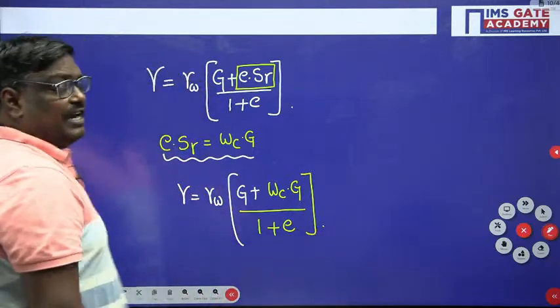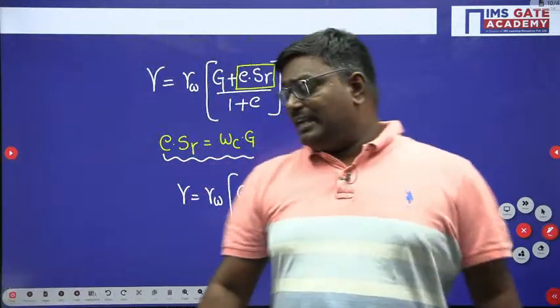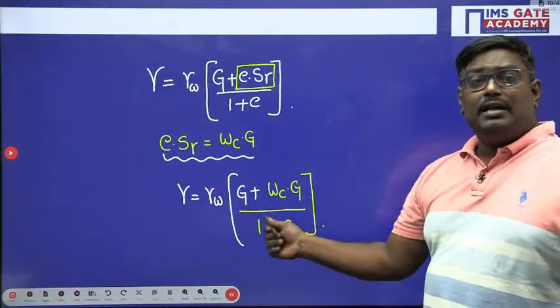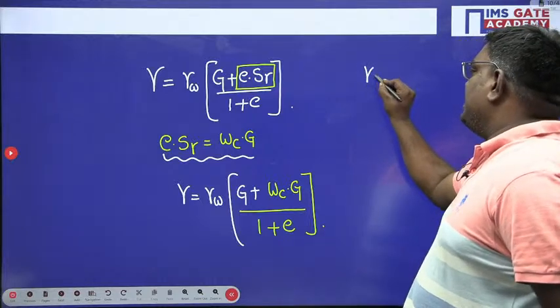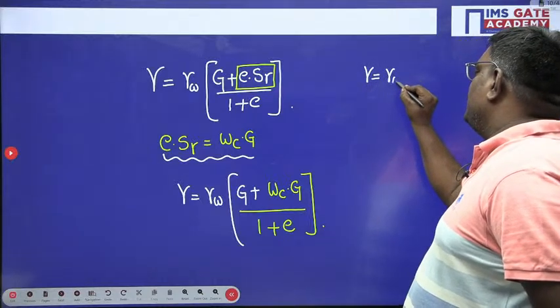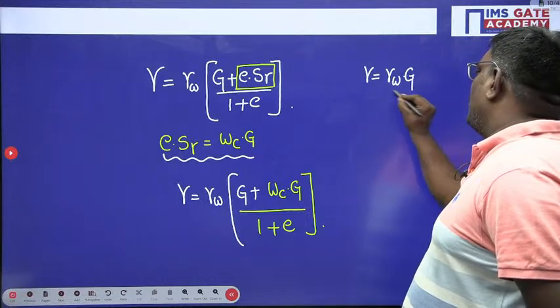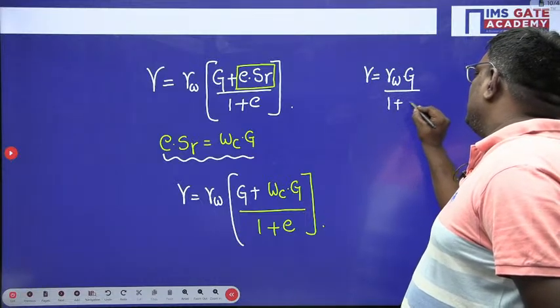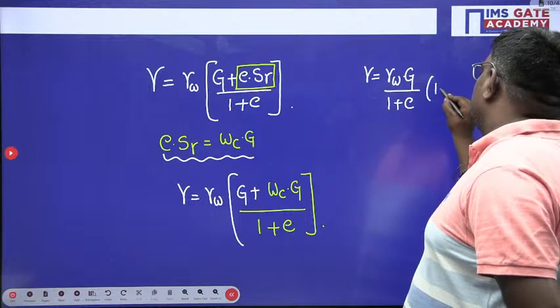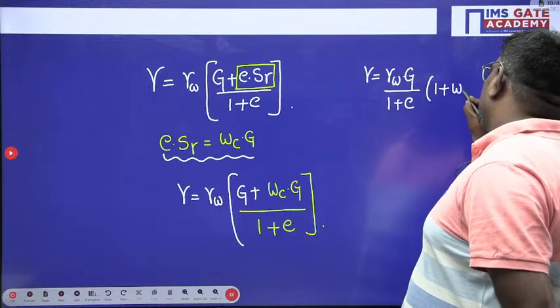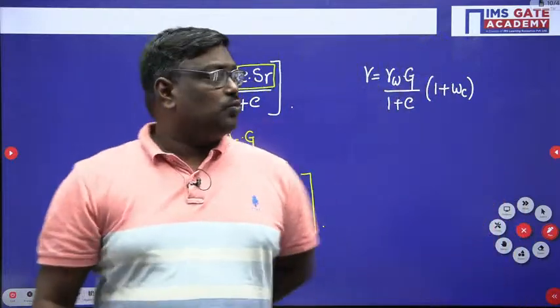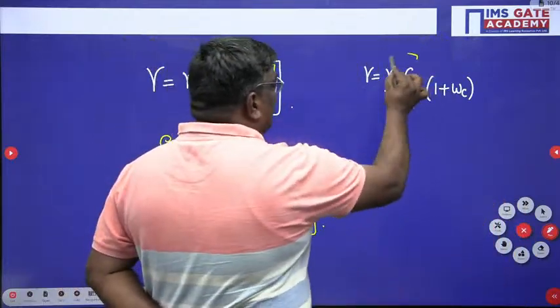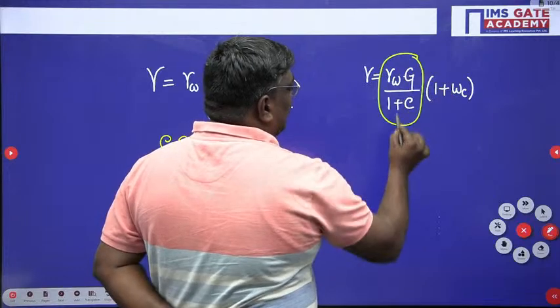Okay, my dear students. So here I can take what is the common term here? It is nothing but the true specific gravity. So here I can write, gamma W into G upon 1 plus E into 1 plus water content. Now, what do you mean by gamma W into G upon 1 plus E, sir?